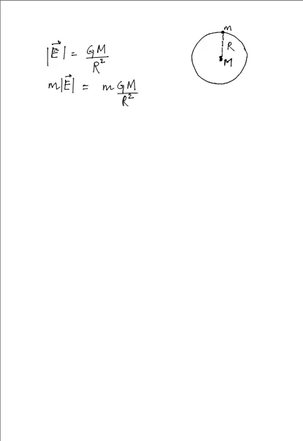Capital M, remember, is the mass of Earth, and other masses are written in small letters. So what we get over here is simply m times G M over r squared. This again can be rearranged in this form, which is the general expression, of course.